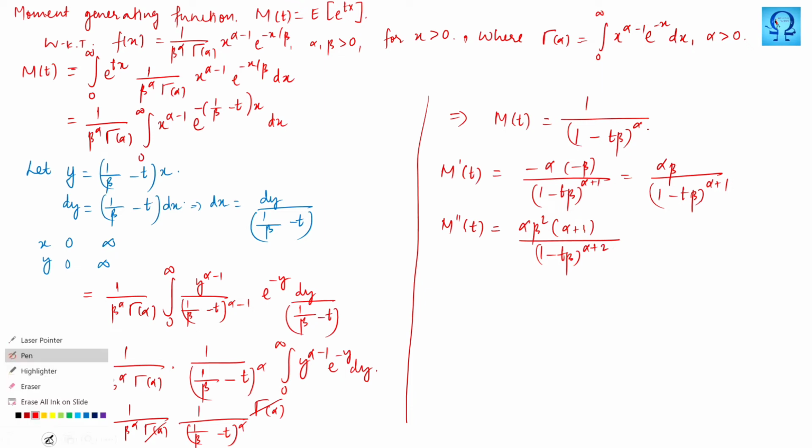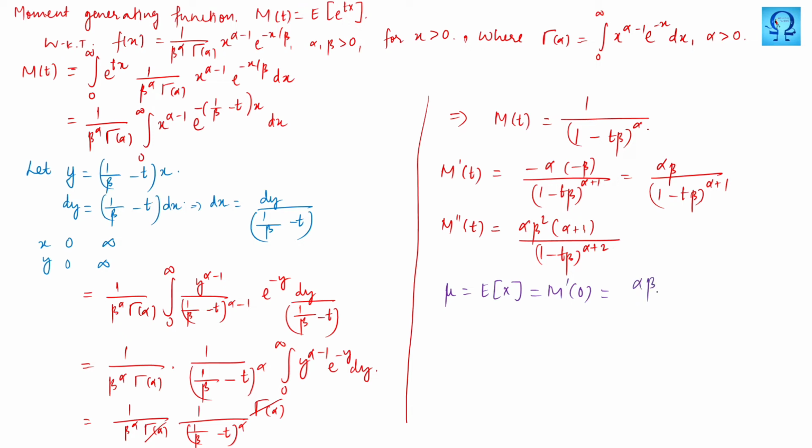Now what is our mu? That is expectation of x, which is nothing but the derivative at 0 of this moment generating function. So at 0, what will we get? Alpha beta divided by 1 to the power alpha plus 1, which is alpha beta itself. And what is expectation of x square? That is the second derivative at 0.